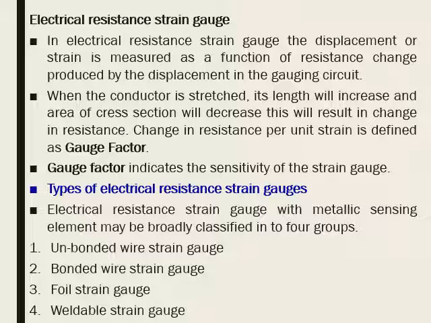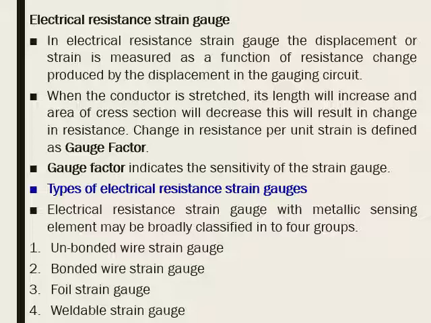These are a common and widely used type of strain measuring devices among electrical strain gauges. In operation, it is based on the principle, as I mentioned, of the relationship between resistance and the change in displacement.